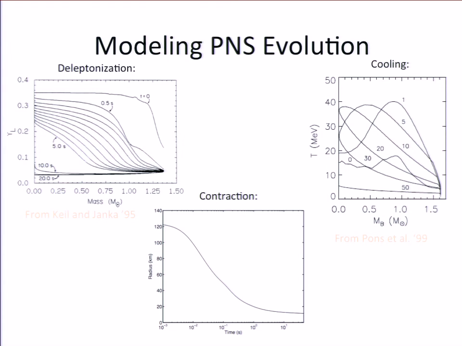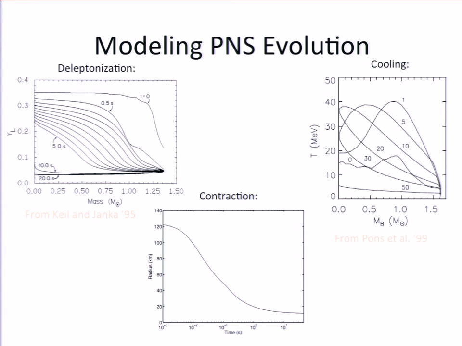So when you want to model proto-neutron star evolution, you basically have to follow how this hydrostatic object cools over time. That entails coupling the general relativistic hydrostatic structure equations, the Tolman-Oppenheimer-Volkov equations, to some sort of transport scheme for your neutrinos that takes into account that you're losing lepton number, because you're not losing the same number of electron neutrinos as electron antineutrinos, and you have to calculate the rate at which you're losing energy via these.